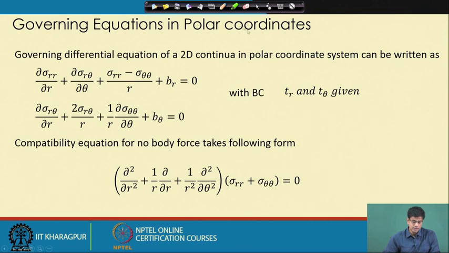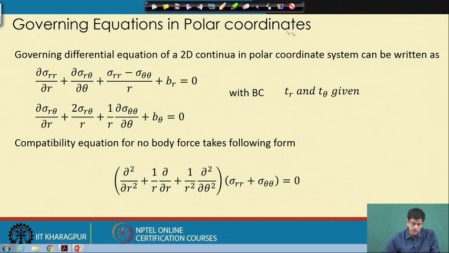For instance, in general polar coordinates, the two-dimensional continuum equations can be written in this form. These two are the balance laws, where B_r and B_theta are the general body forces, and if the body forces are taken as 0, then this becomes the compatibility equation. This equation is very similar to what we get in the Cartesian coordinate system.